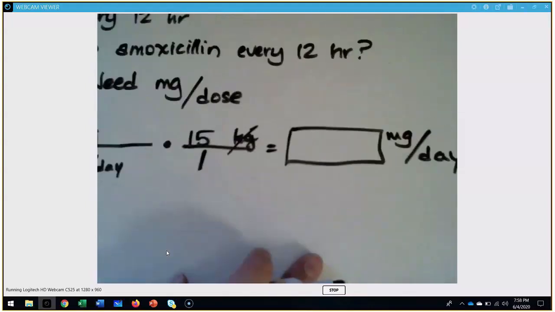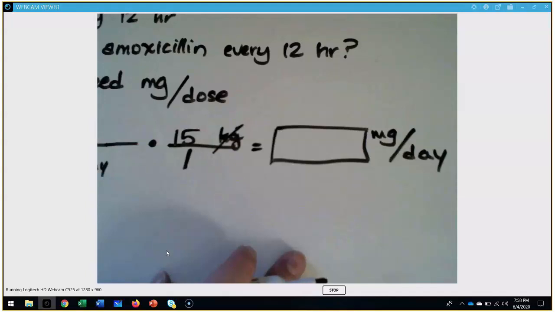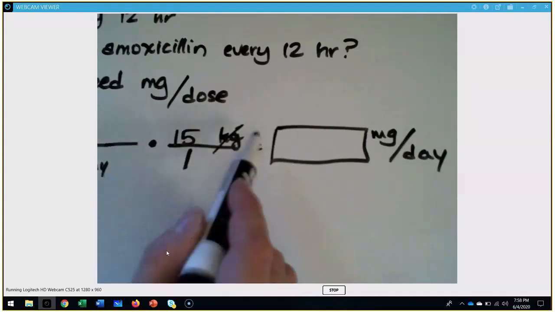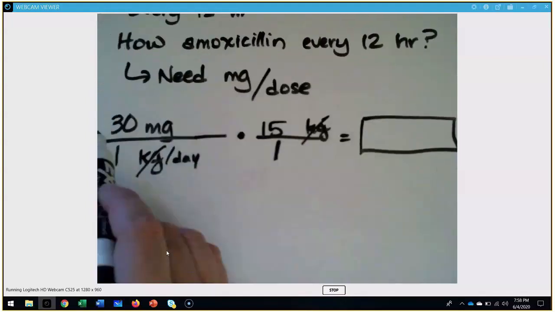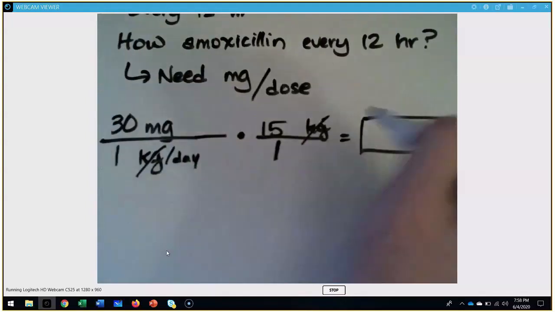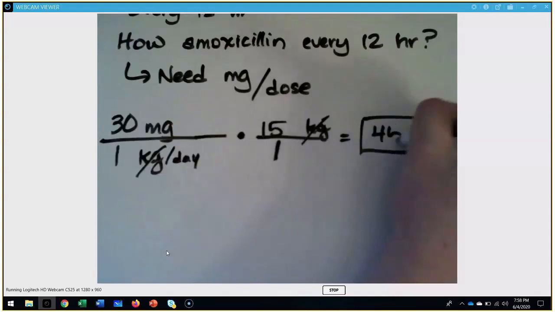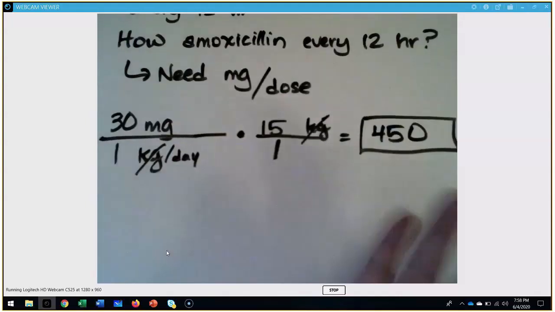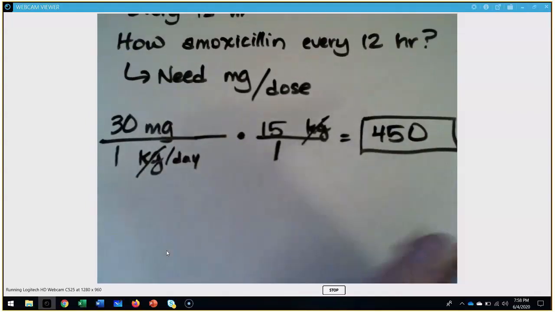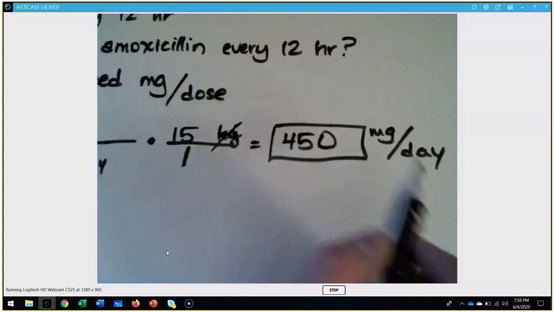You with me so far? Hopefully. Okay. So I'm just going to multiply this out. 30 times 15 is 450. 1 times 1 is just 1, so it's 450 milligrams per day.